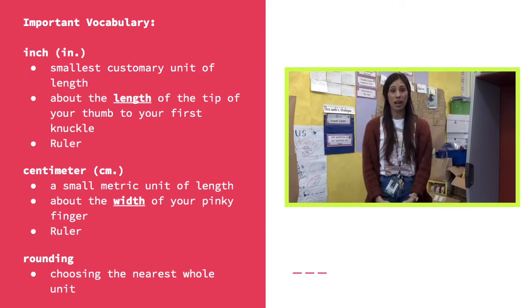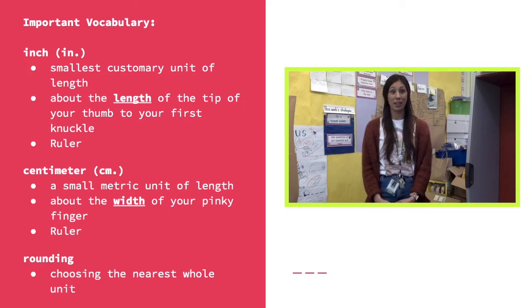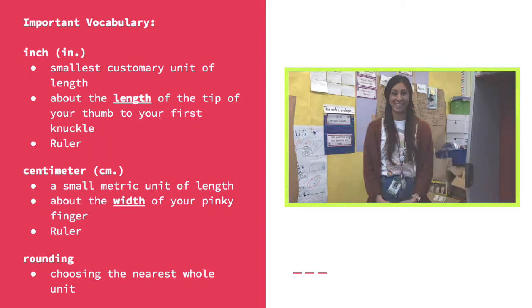Whole units are numbers like 0, 1, 2, 3, 100, 150, 500. And fractions are just parts of whole numbers. So numbers like 1/4, 1/2, 3/4. When we round, we want to round to the nearest whole unit, so the nearest whole number.